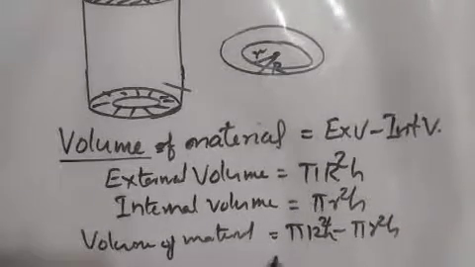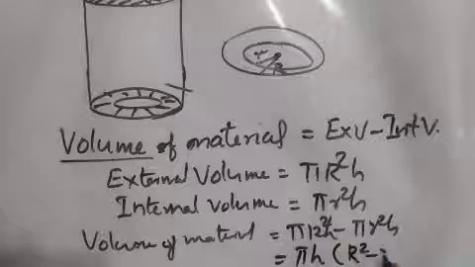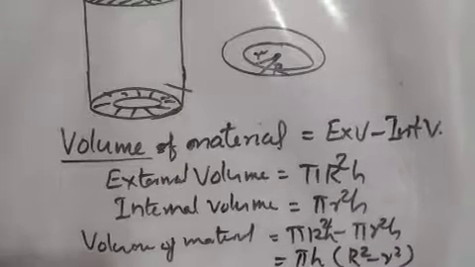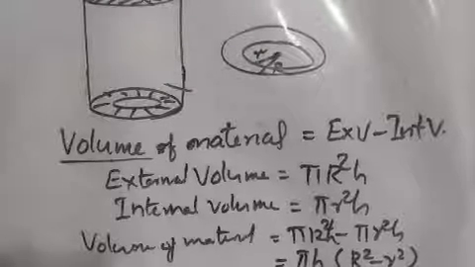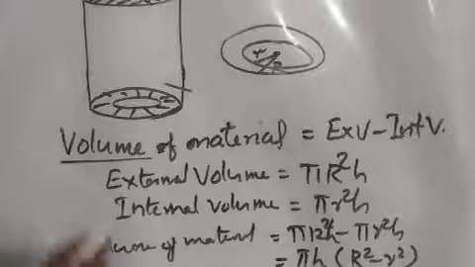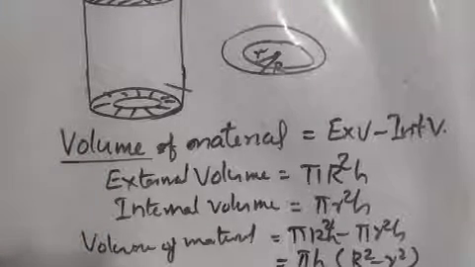We can take pi h common. So pi h into R square minus r square is the equation to find the volume of material of hollow cylinder. Learn this formula also.